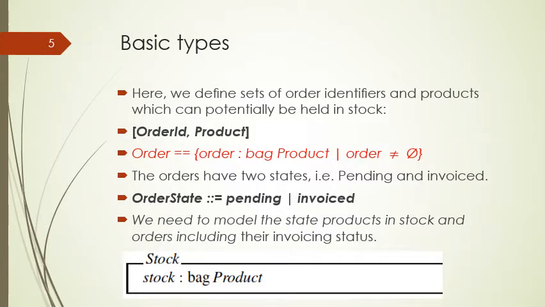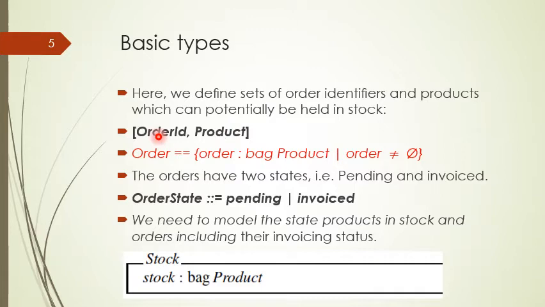In order to specify the system orders in stock, we have two basic types. The first type is set order ID, and the second basic type is product, which is a set of products in stock.